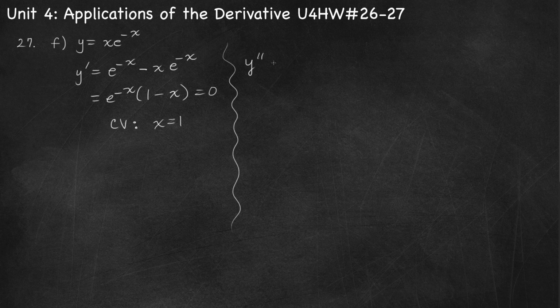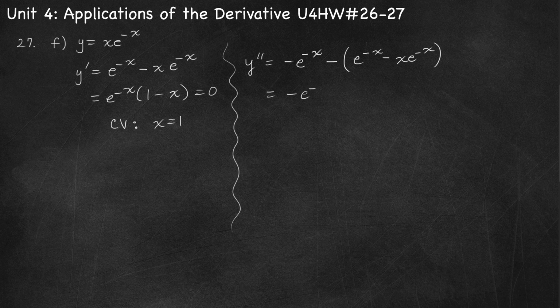We find our second derivative. So derivative of e to the -x is -e to the -x minus, now I need the derivative of x e to the -x, which is my first derivative. Okay, this is getting complicated. Let's distribute that negative.